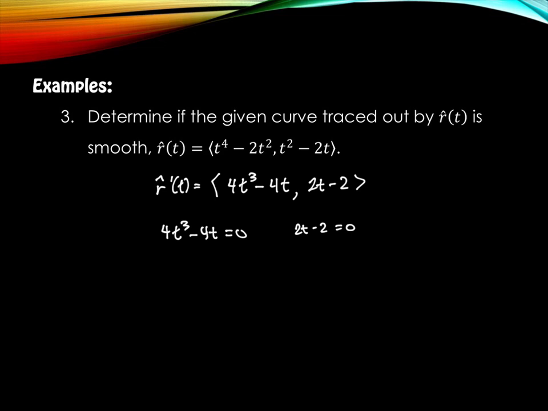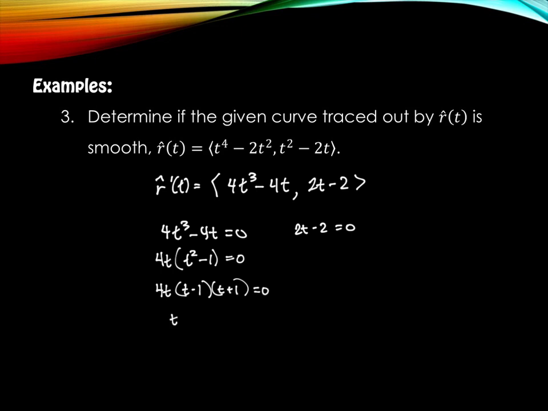Okay, so the first one, how do we solve 4t cubed minus 4t equals 0? Factor out 4t. What will that leave us with? T squared minus 1. Okay, what's next? We'll factor this one. So what's the factoring of t squared minus 1? T minus 1, t plus 1.